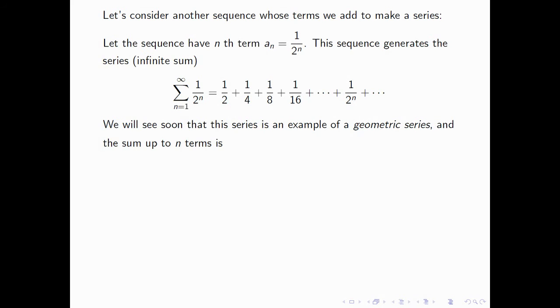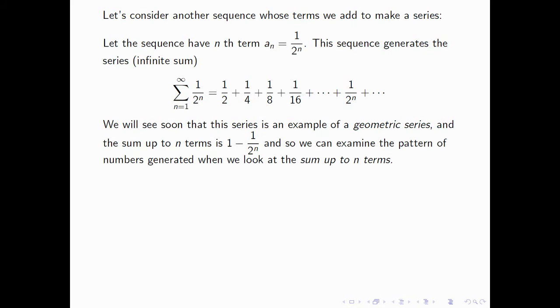And its sum up to n terms is given by the expression 1 minus 1 over 2 to the n. And so you can see from that expression that the part that is 1 over 2 to the n is always positive, and I'm subtracting it from 1. And so you can see that the infinite sum never even becomes 1. But it does get closer and closer to 1.